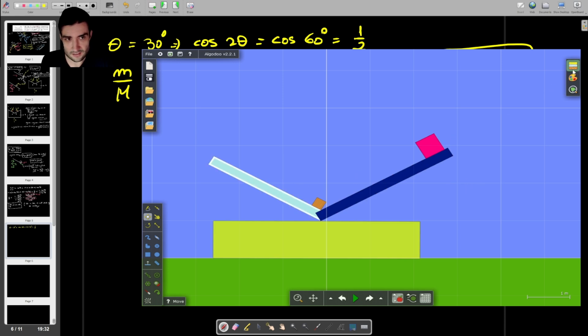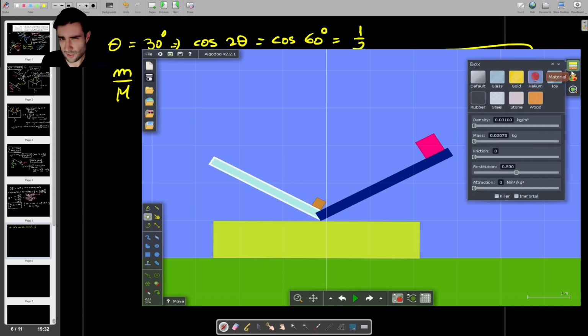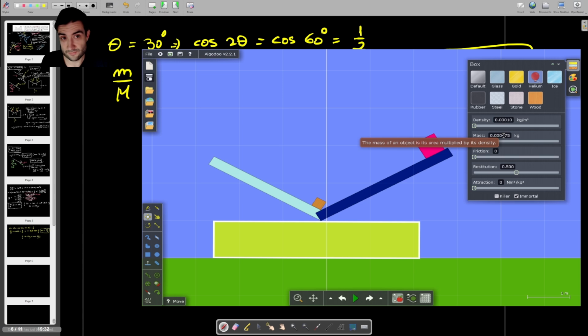And their masses are not really zero, but they're very small. If you look, this is of the order of 10 to the power 4 kilograms. This one is also very small, and so is this one. So this one is about 0.7 grams, this is 0.8 or 0.9 grams, and this is 0.5 grams.